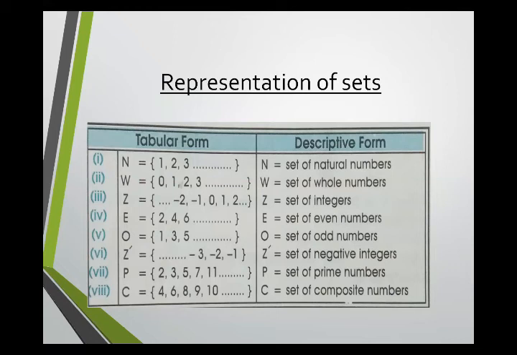So they are 2, 4, 6, and so on. We don't write all the numbers in the set, so we put some dots to show this is a set of all even numbers. Again, in descriptive form, we write E is equal to set of even numbers.